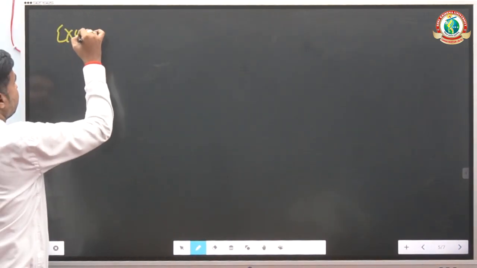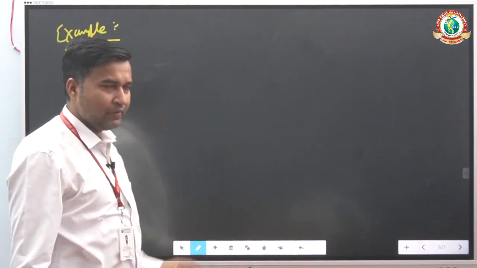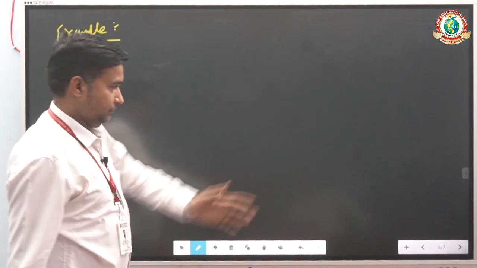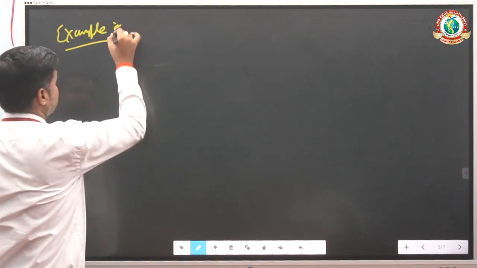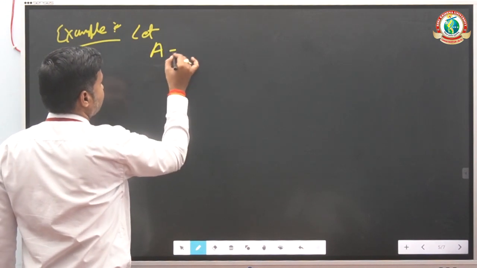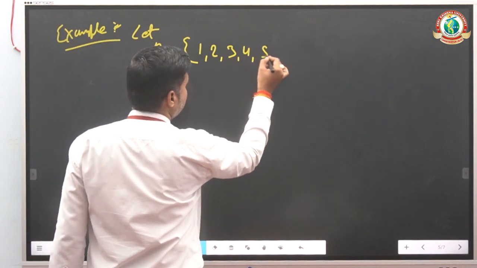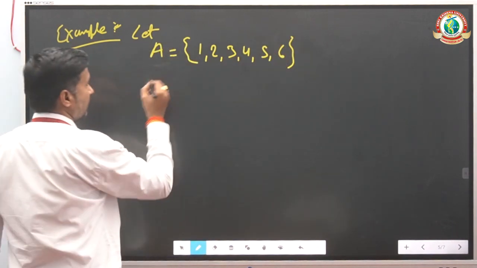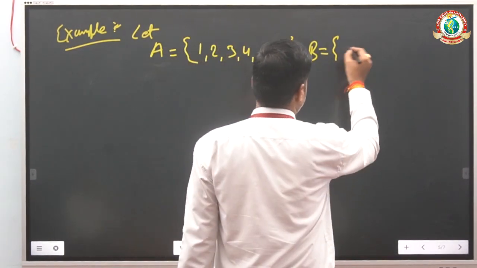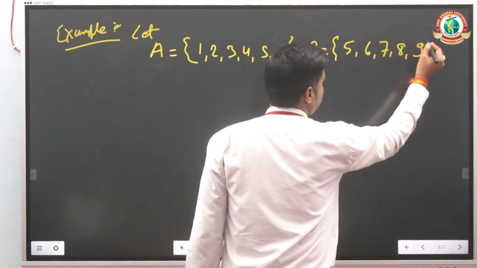Example, we take an example. We can solve each and every problem by taking one example. We can take other examples also, but here we take one example and all operations will be done on it. Let A be a set containing elements 1, 2, 3, 4, 5, 6, and B is 5, 6, 7, 8, 9.